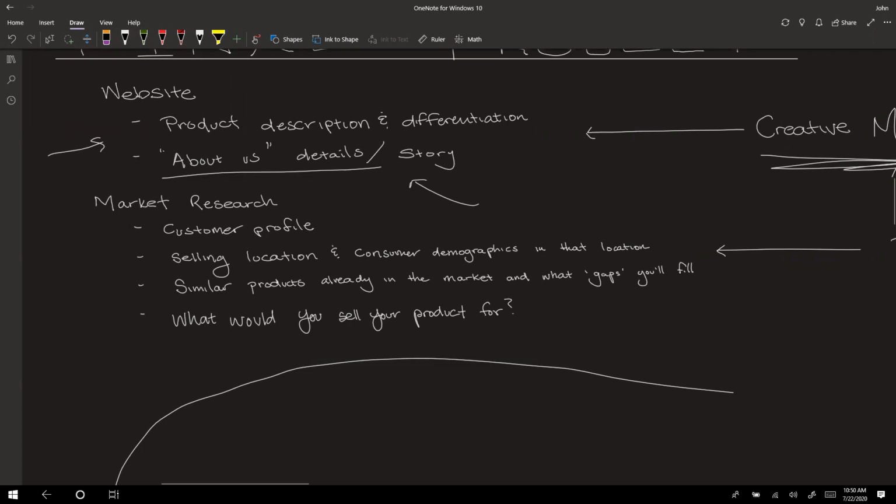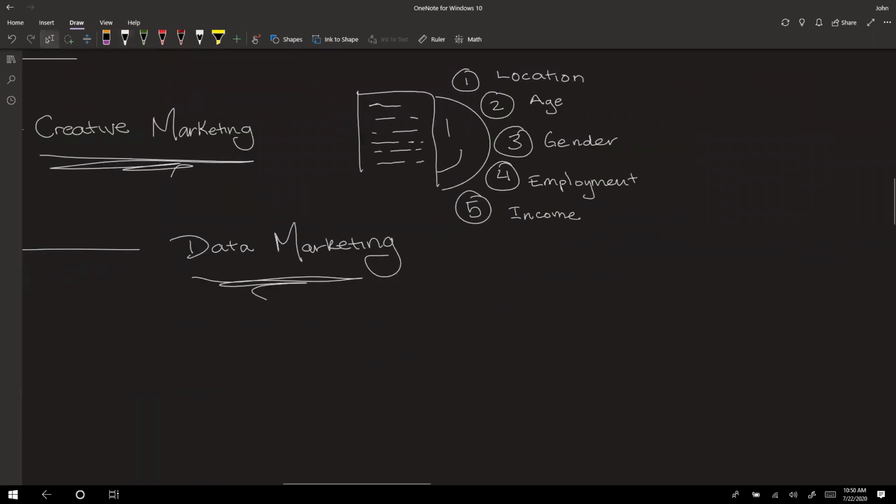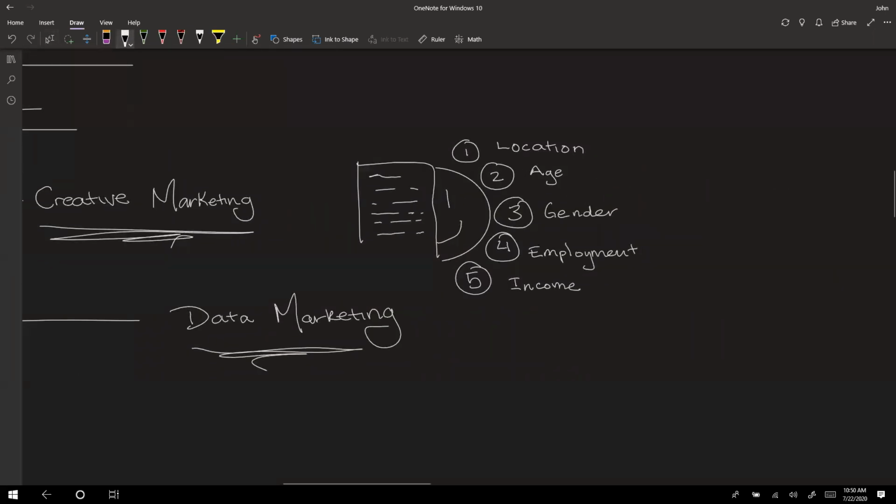So what I want you guys to do is decide where you're going to sell it, right? I want you to decide where you're going to sell your product. And then after you figure that out, create a customer profile, which, as we talked about before, I brought it back over here, has the location, the age, the gender, the employment, and the income of a fictional person that you make up for the purpose of understanding your customers.